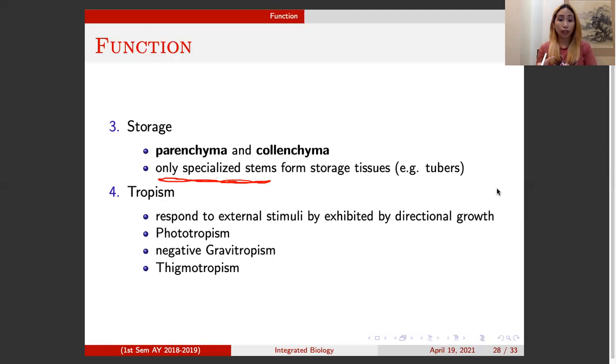No, negative gravitropism, this is because the stem grows basically against gravity such that it grows upwards, no? And of course, stigmotropism, which means the plant responding to touch. Okay, we're not going to dwell into the physiology of each.